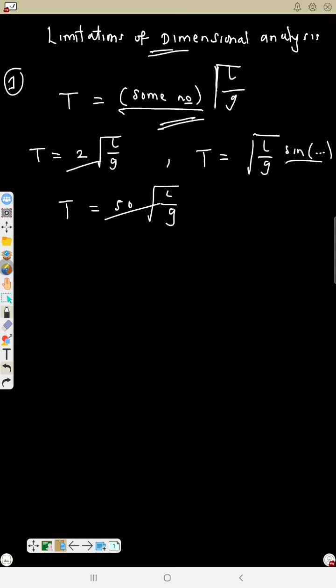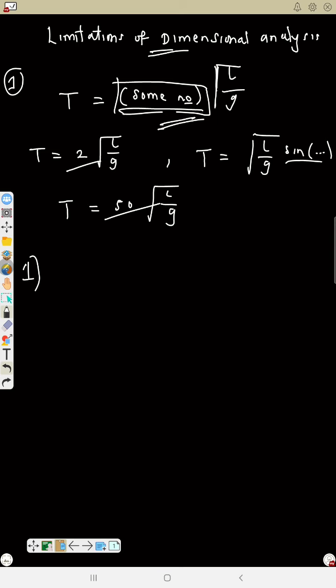So the number one limitation: dimensional analysis doesn't give us information about the some number. That means you won't know which number is there.